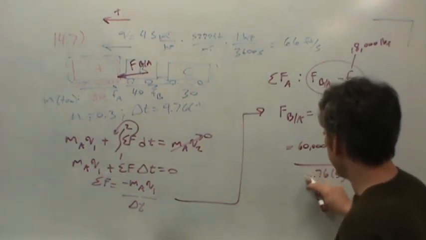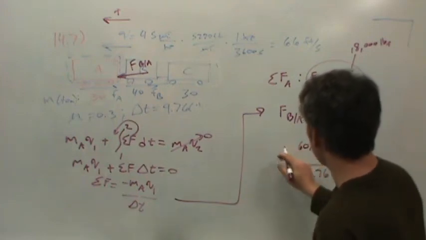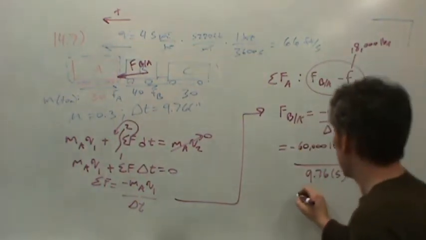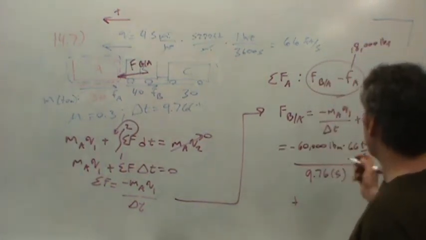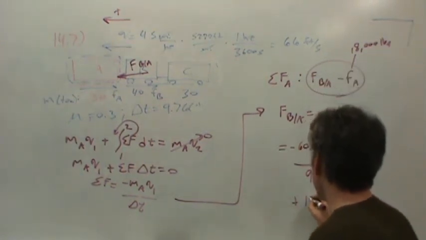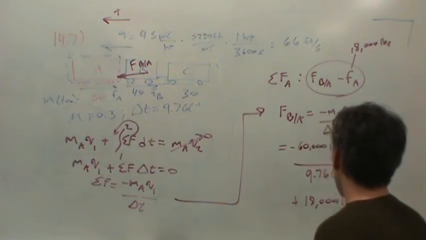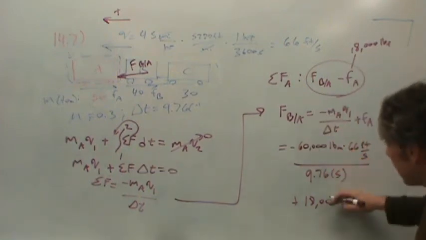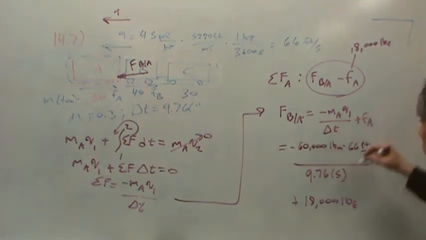I'm trying to go too fast here because I've forgotten my negative sign. Okay, plus Fa, but Fa is going to be 18,000 pounds force.